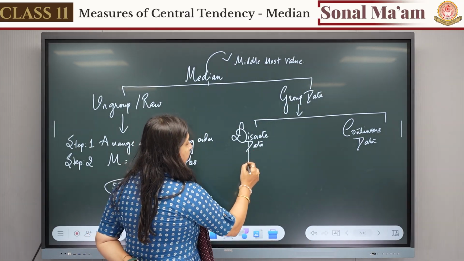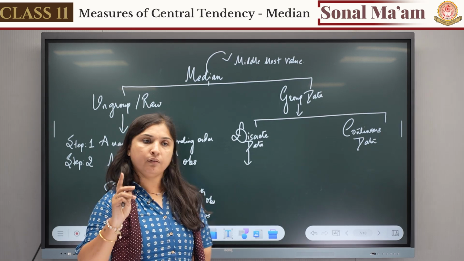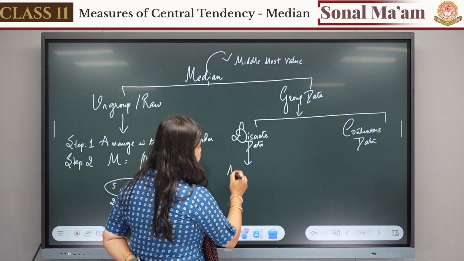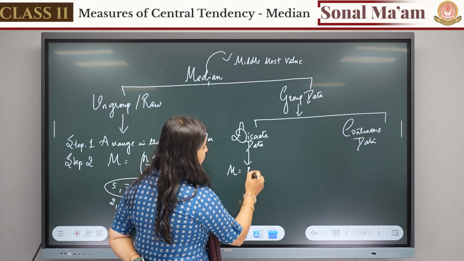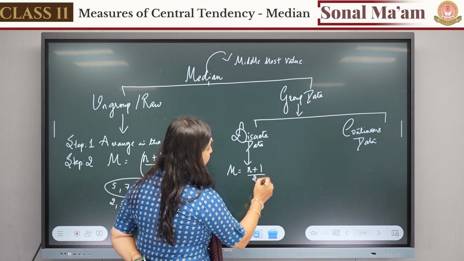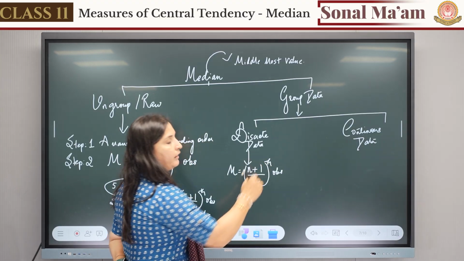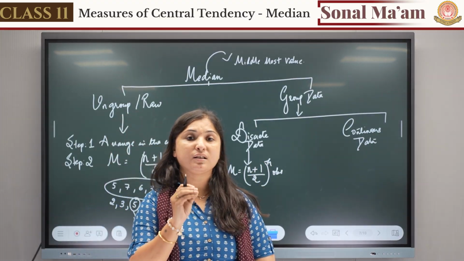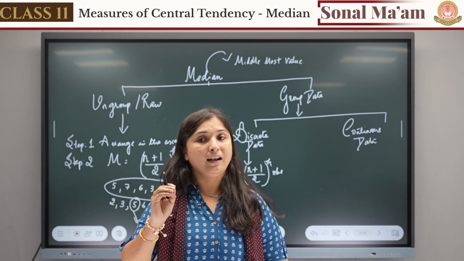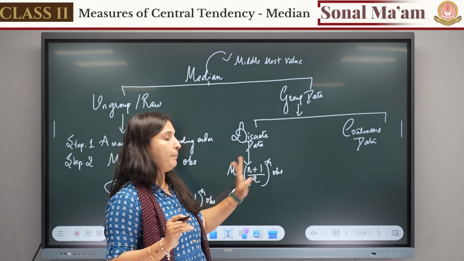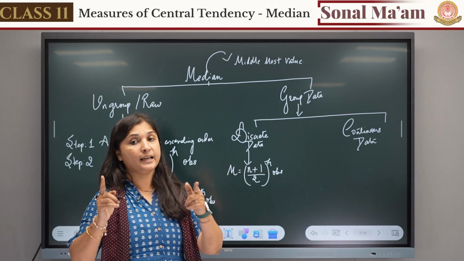In discrete data, if the data is jumbled, first arrange it in the ascending order, and the next step will be the formula: (n plus 1) by 2th observation. Writing the 2th observation is very necessary, because then you will be able to find the final value of median. So this is (n plus 1) by 2th observation when the data is discrete.